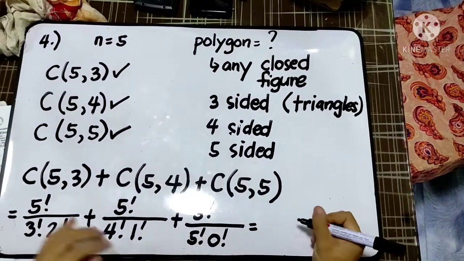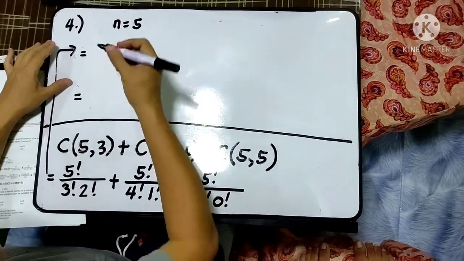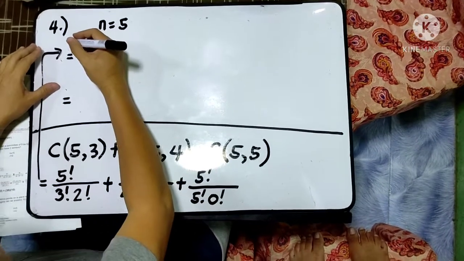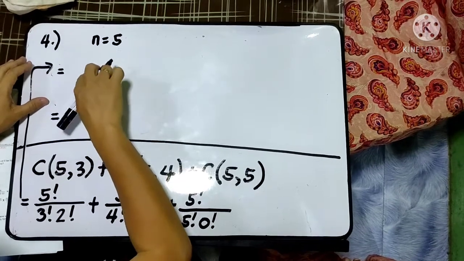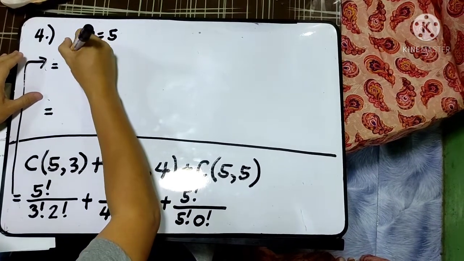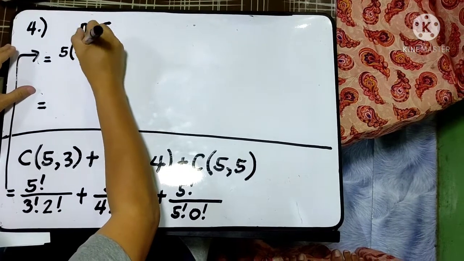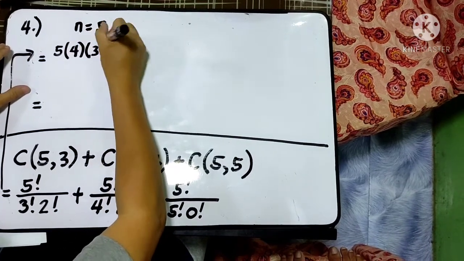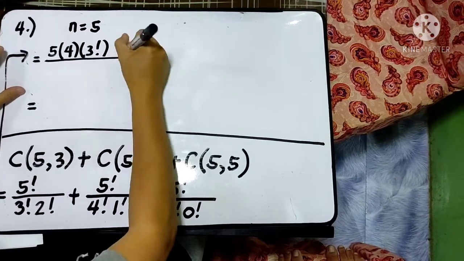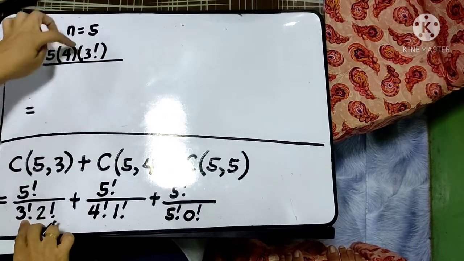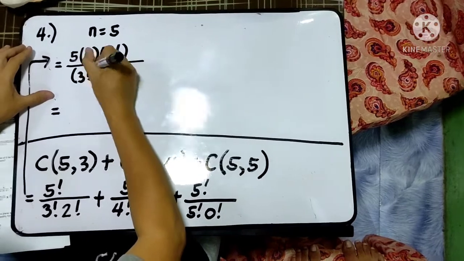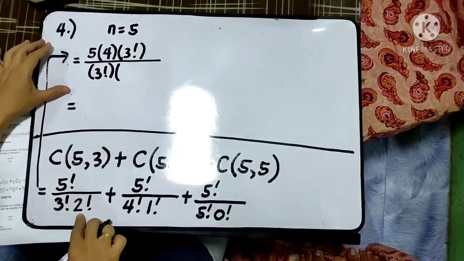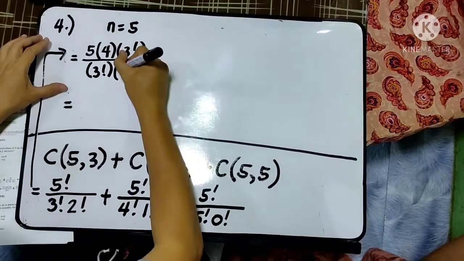Since we don't have the luxury of the space, I'm going to continue the solution here, dito sa itaas. So ito ay magiging 5 times 4 times 3 factorial over, copy the 3 factorial so that you can cancel the numerator. 3 factorial times 2 factorial is 2 times 1, that is equal to 2.